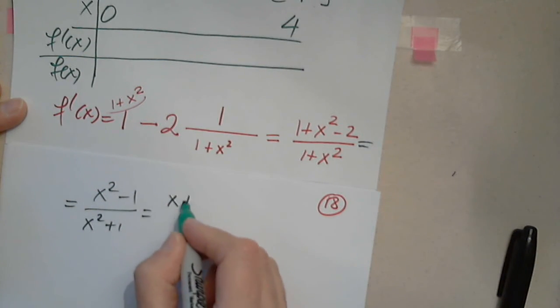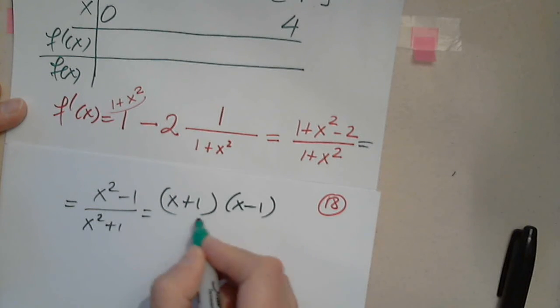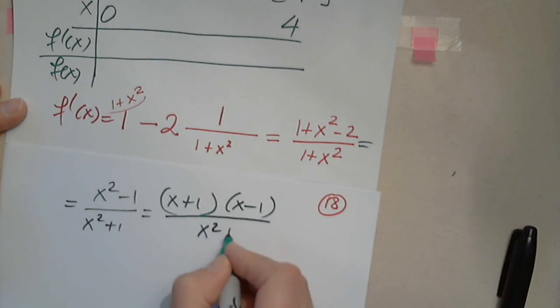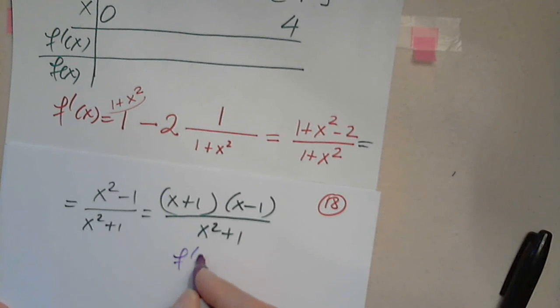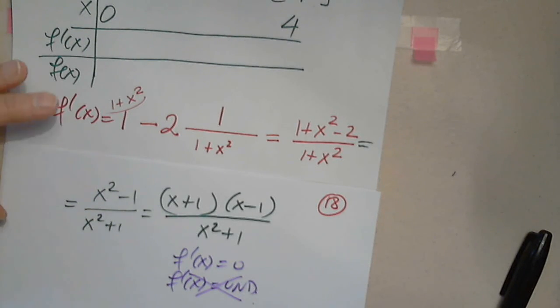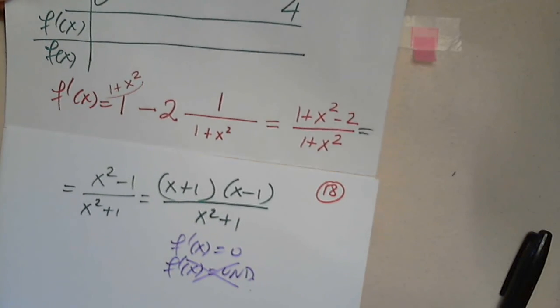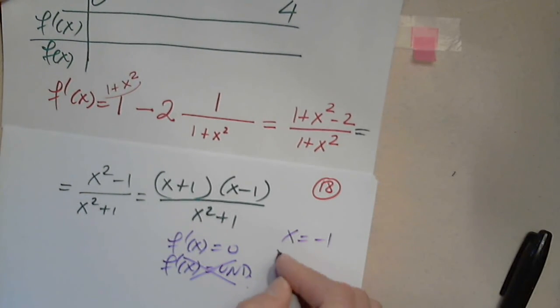Now all I have to realize is that there are two critical numbers, from f prime of x being 0, and from f prime of x being undefined, which is not possible. This is always defined. X squared plus 1 is never 0. So then we have x equals -1 and x equals 1 as critical numbers.